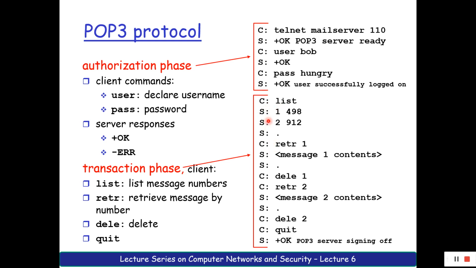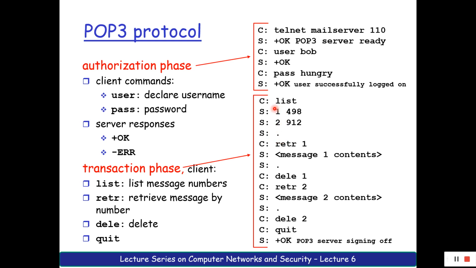So what is the server doing at every entry? It has 3 entries. The server lists that there is a first mail of 498 bytes, a second mail of 912 bytes, and so on until the last one. The end of the list is marked by a carriage return and line feed with a dot mark. The moment there is a dot mark, the client knows that this is the particular list.